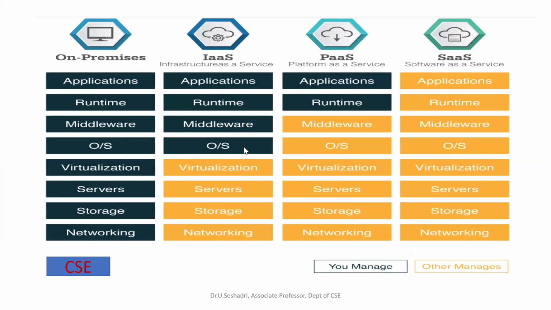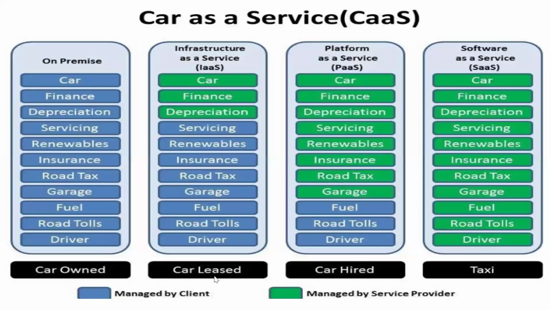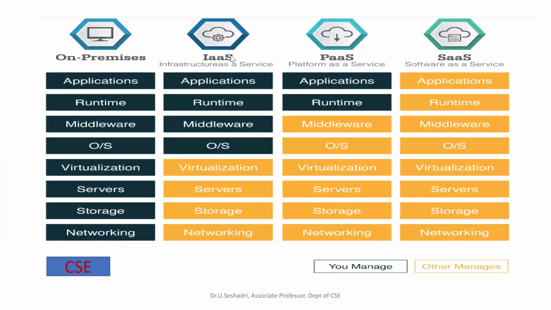And see, the car is leased. Up to this, the provider will take care. Then servicing, renewal, insurance, road tax, garage, road tolls, and driver, you have to take care of. Here, in infrastructure as a service, up to this color, the provider has to manage it.